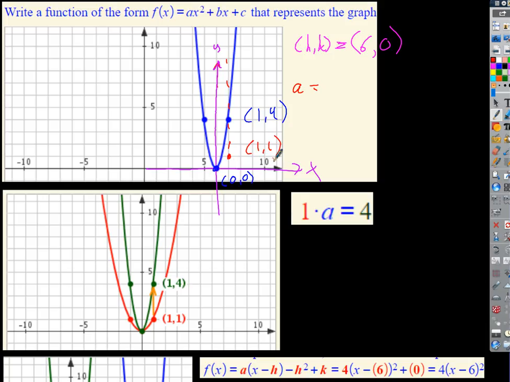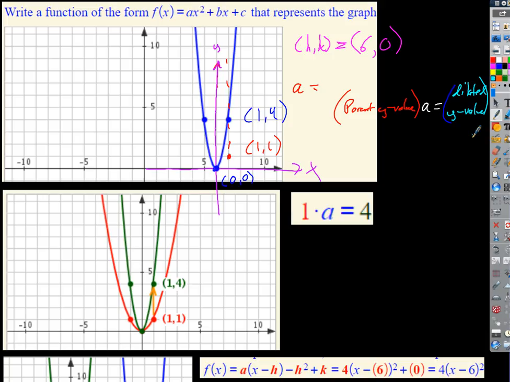Then we're going to multiply the parent y value times a equals the dilated y value. So that's a simple equation.